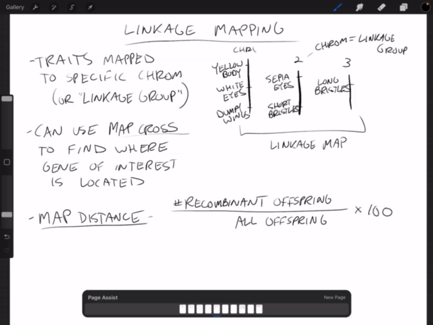The units here are map units, very clever. Also abbreviated MU, or sometimes referred to as centimorgans, or cM.